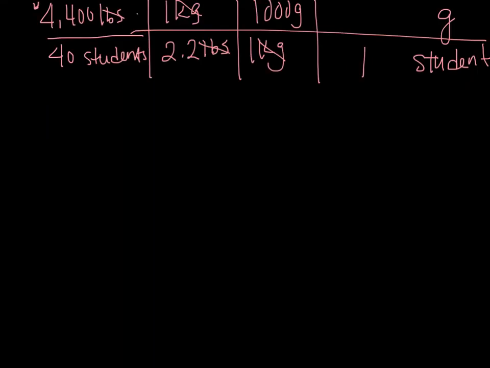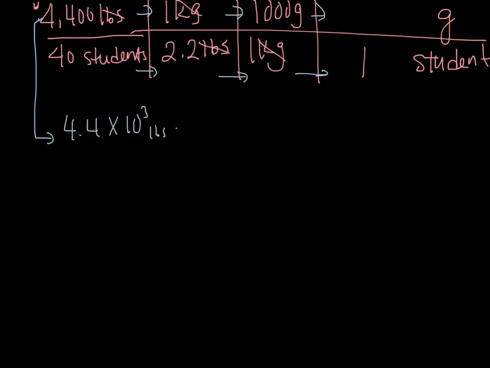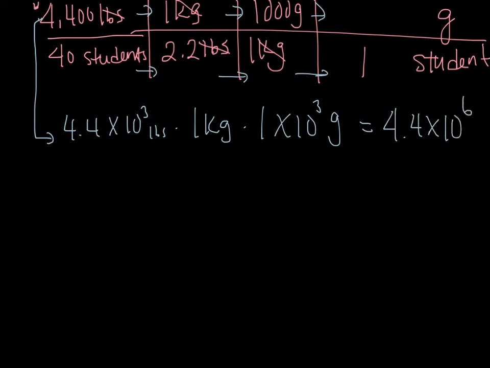I'm going to multiply everything at the top straight across. I'm going to multiply everything at the bottom straight across. So let's start with the top. I can rewrite that as 4.4 times 10 to the third pounds times 1 kilogram times 1 times 10 to the third grams. And my answer is 4.4 times 10 to the 6th at the top.